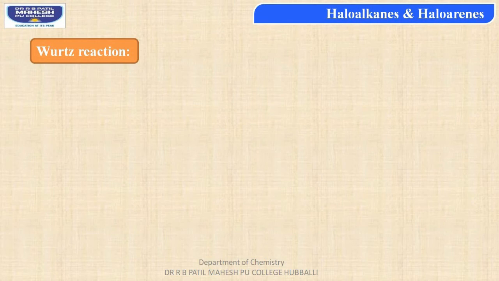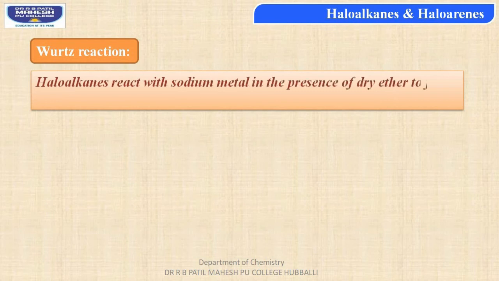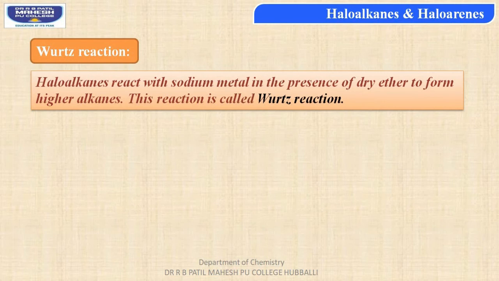Now students, let us study about Wurtz reaction. Haloalkanes react with sodium metal in the presence of dry ether to form higher alkanes, and this reaction is called Wurtz reaction. Let us understand this along with an example.